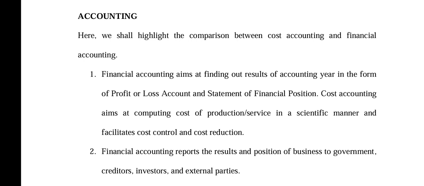Then on the other hand, when you talk about cost accounting, we want to know the level of production or service, or the costs. We are computing how much we spend in producing a particular unit. Do you understand? How much do we spend in order for us to facilitate cost control and cost reduction?